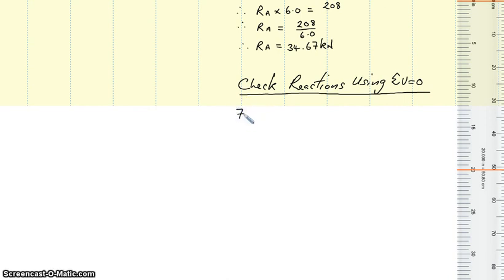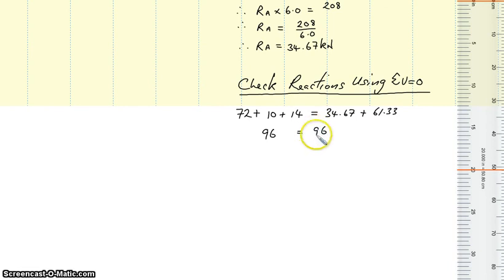So we've got 72 plus 10 plus 14 kilonewtons, all acting downward, and that should equal the calculated reactions 34.67 plus the 61.33, and when we total those up, we do get 96 equals 96.